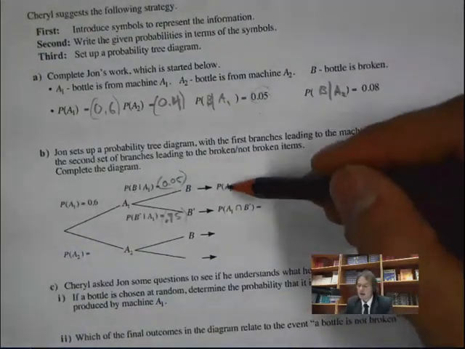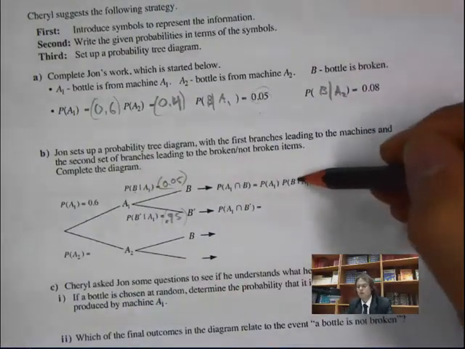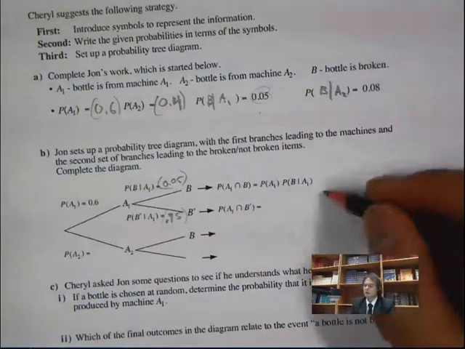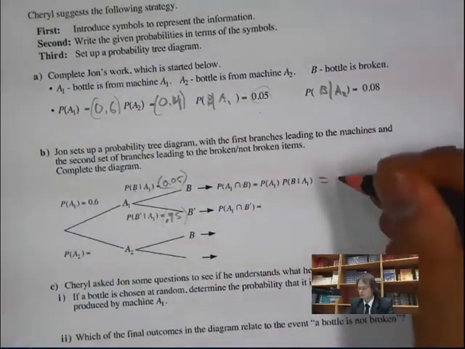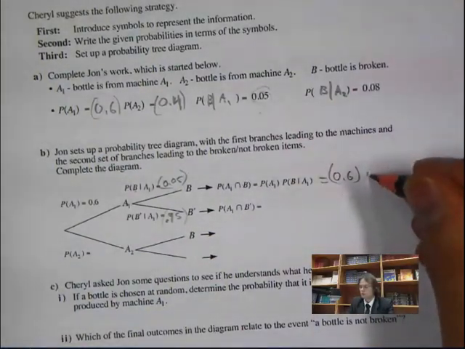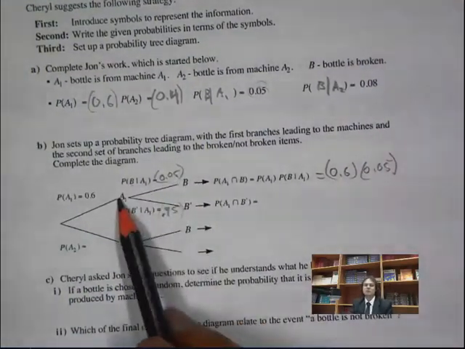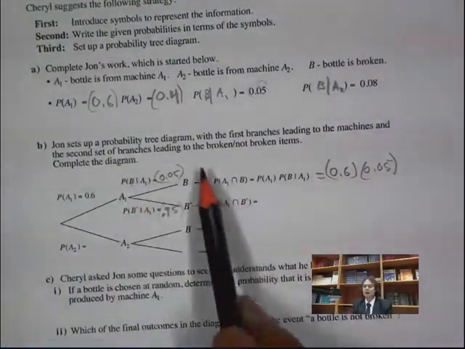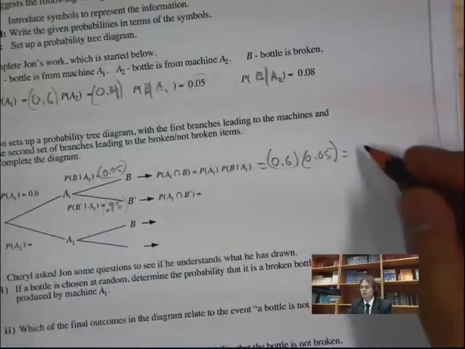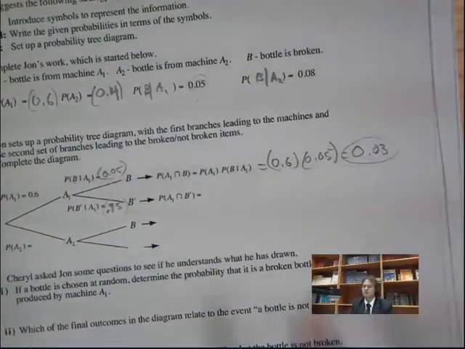So we have the probability of A and broken is equal to the probability of A multiplied by the probability of broken given A. So this is 0.6 multiplied by 0.05. So the probability that they come broken from this machine is very small. It is only 0.03, so that is a 3% chance that they come broken from this machine.